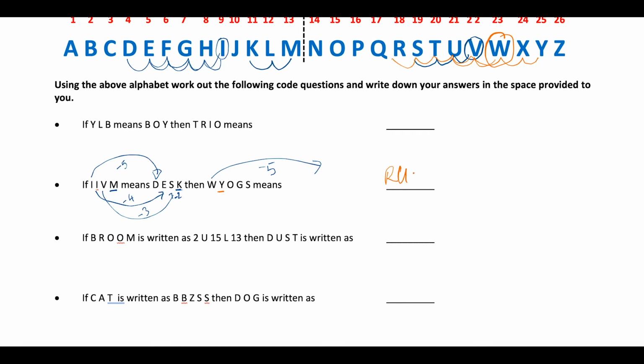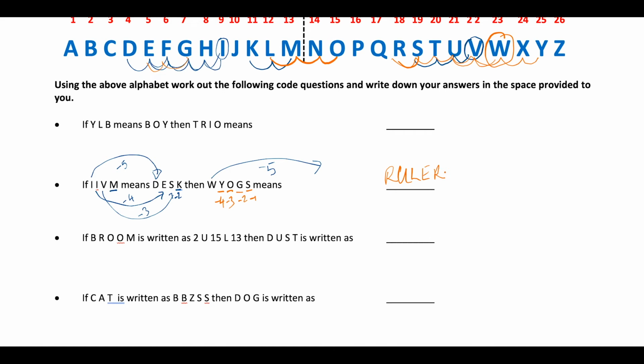That gives us a U. Then we're going to do a -3 for an O. 1, 2, 3, L. From a G, we're going to do a -2. 1, 2, that's an E. And from an S, we're going to do -1. That gives us a ruler.